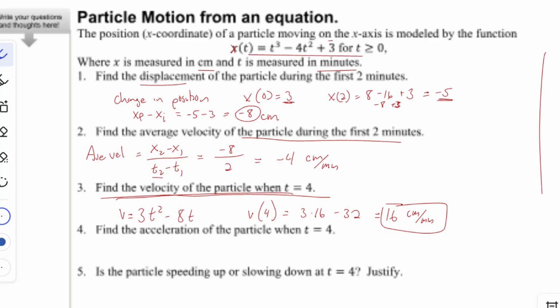If I graph this thing, it's a third order, so I don't know what it's going to look like, some wild looking thing. So this is just some velocity at some certain point. Should have been negative 16. It's got a slope of negative 16, but the average velocity is something a lot gentler. They will not necessarily be similar.